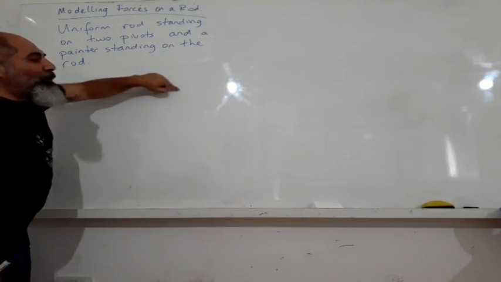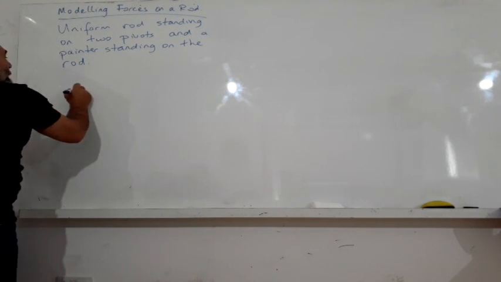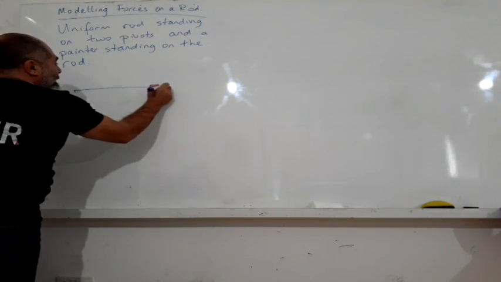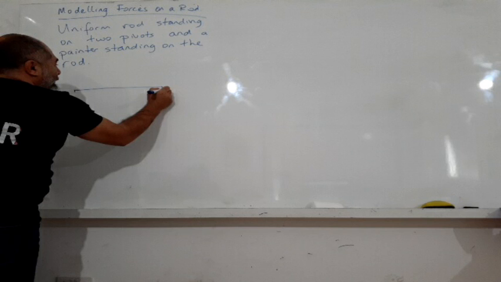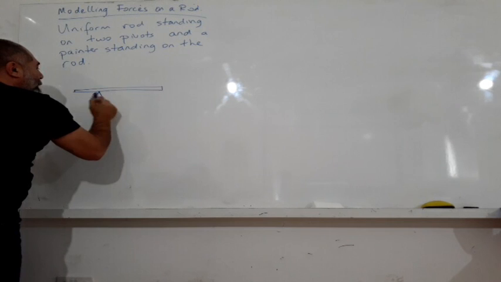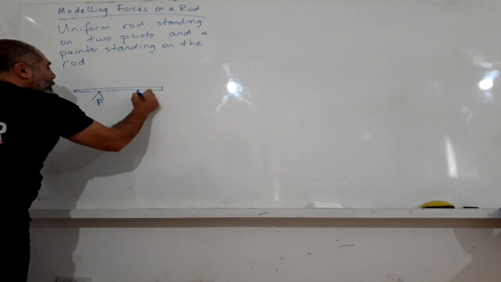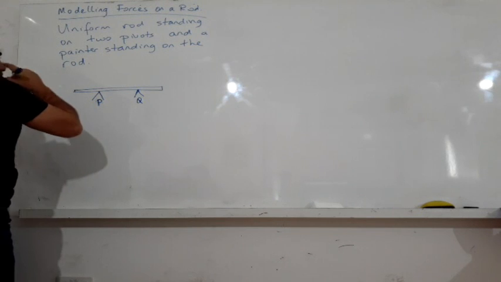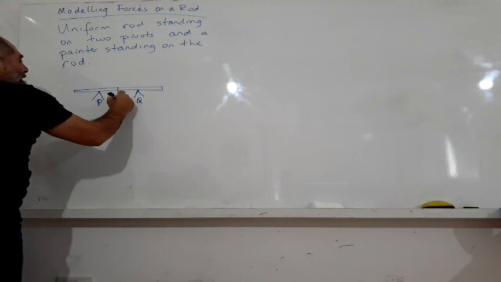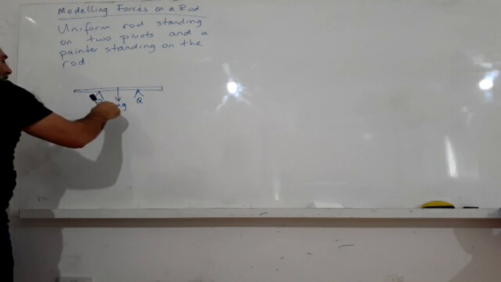Now, this is the rod, a uniform one. These are the two pivots P and Q. And this is mg, weight of the rod, and say that we have the famous painter here.